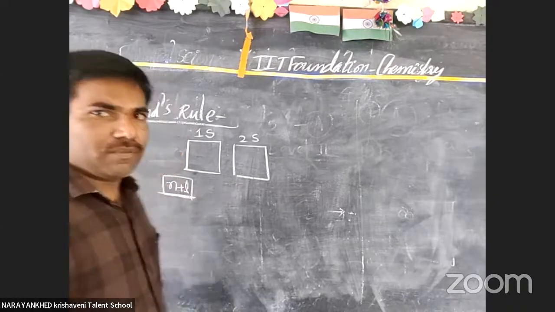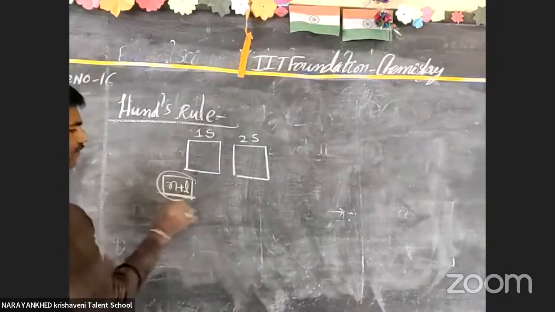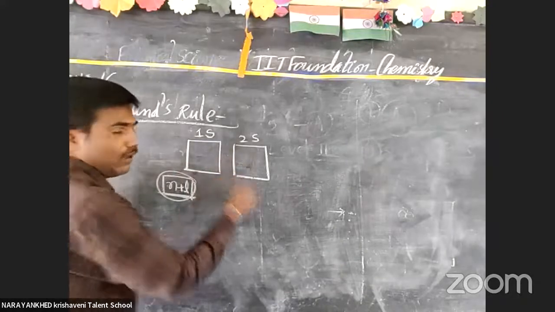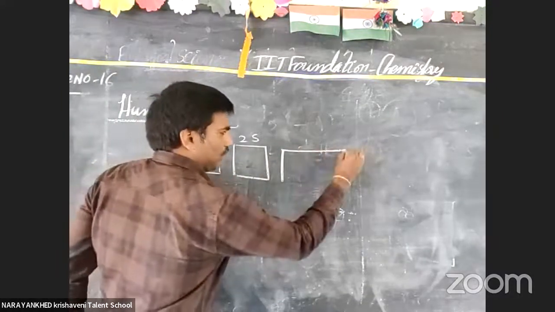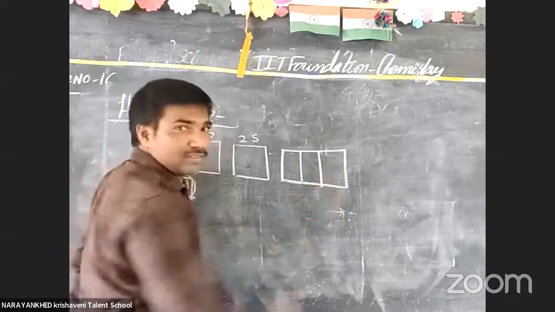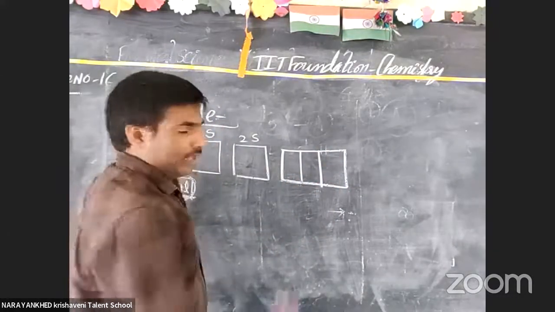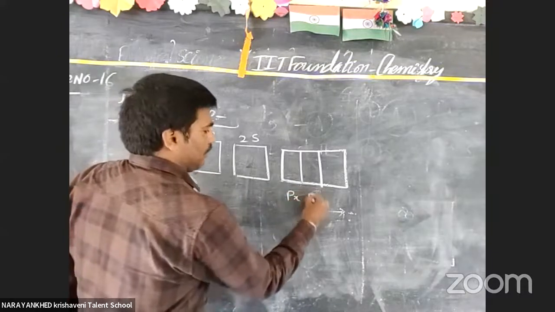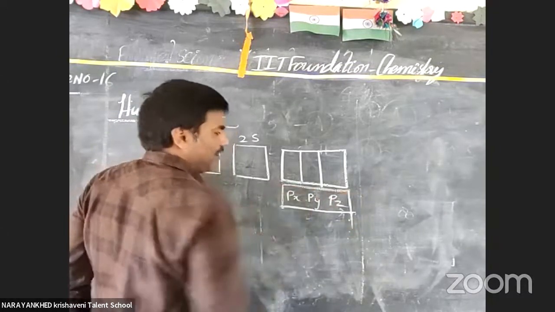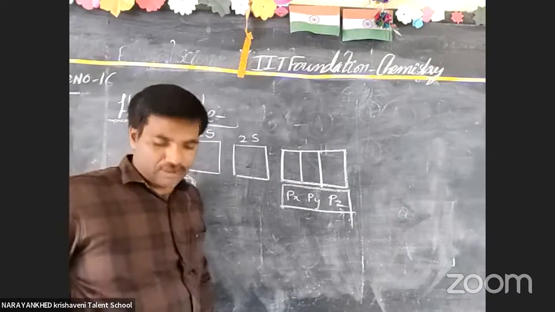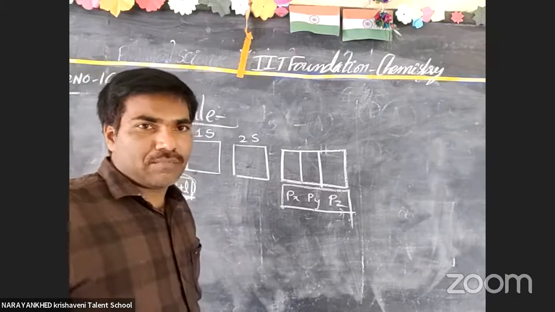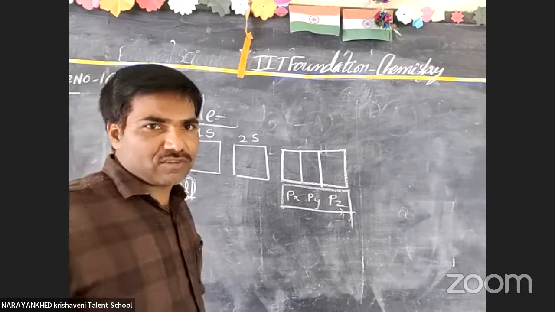Got it? Here the n plus l value is lower for a 1s orbital compared with the 2s orbital. But when we go to a p orbital, the p orbital again divides into 3 orbitals like px, py, pz. These all contain the same energy only. Their energies do not change.